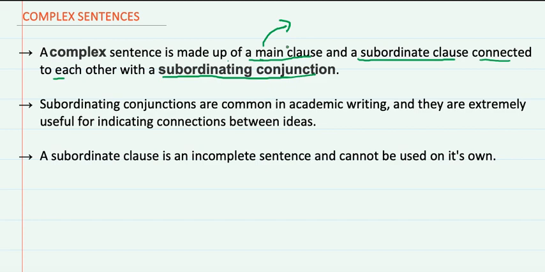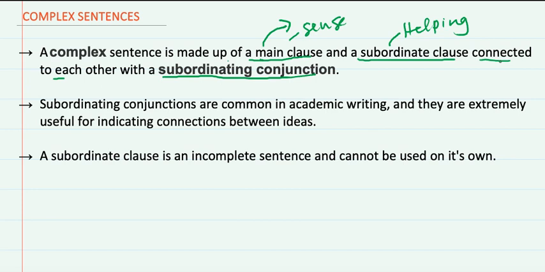The main clause, when you take it, will make sense. You can get some thought from that part of the sentence, the clause. And a subordinate clause is just a helping clause, a helping part of the sentence. Without it, the sentence will still make sense. But with it, it brings out more meaning.